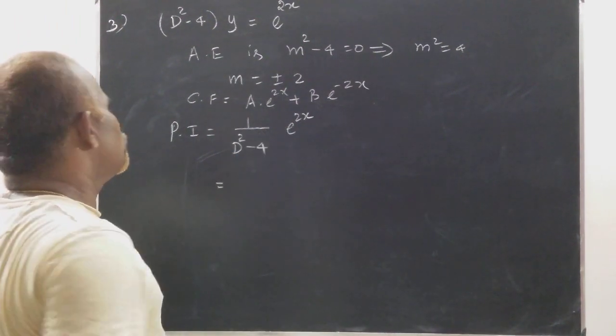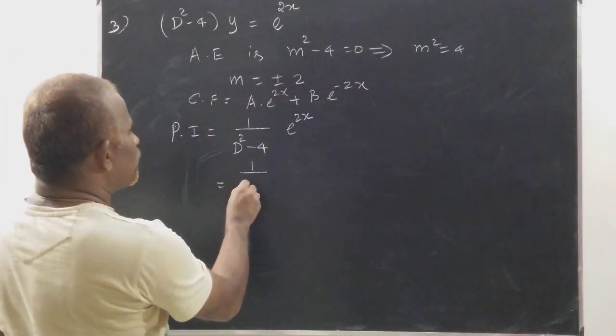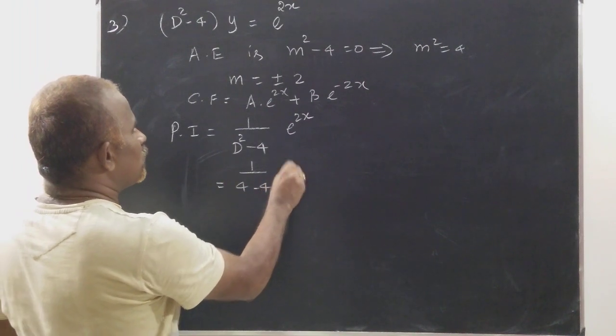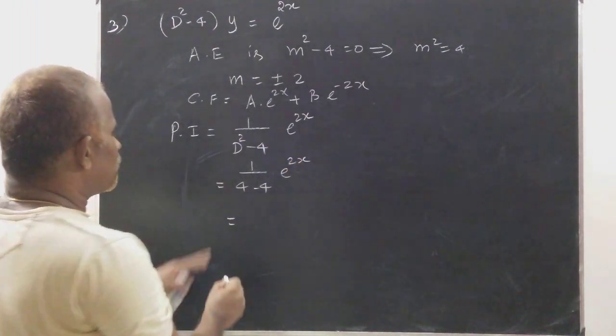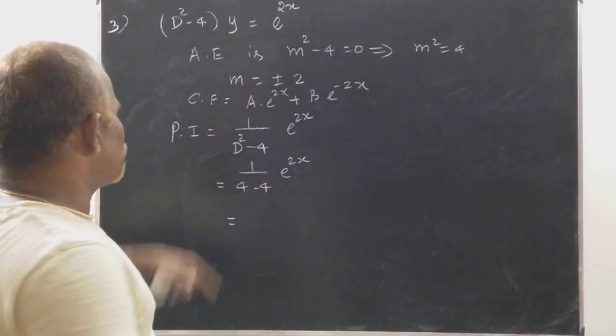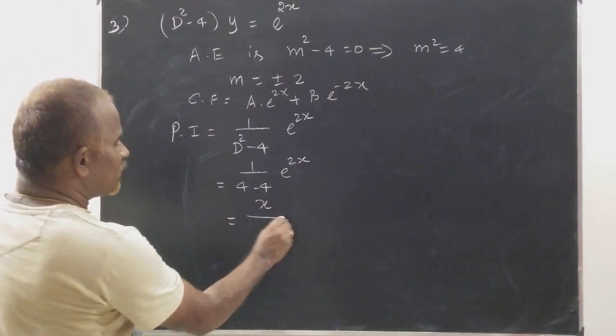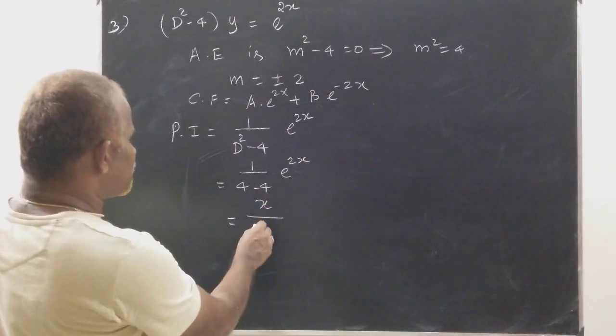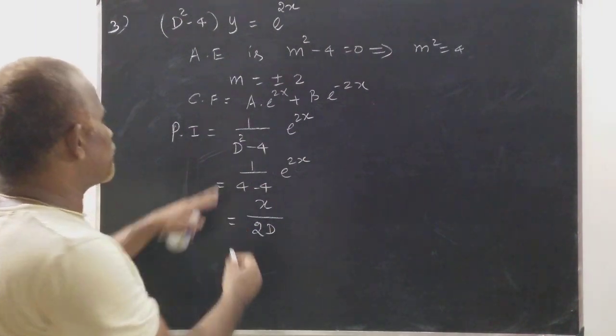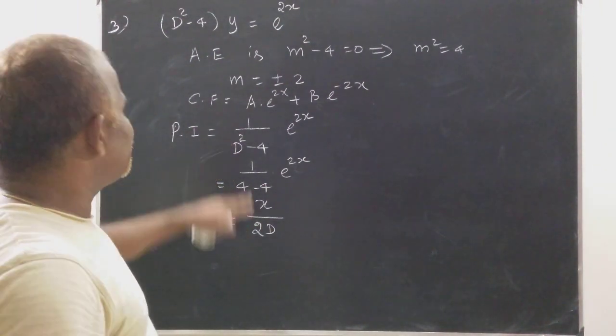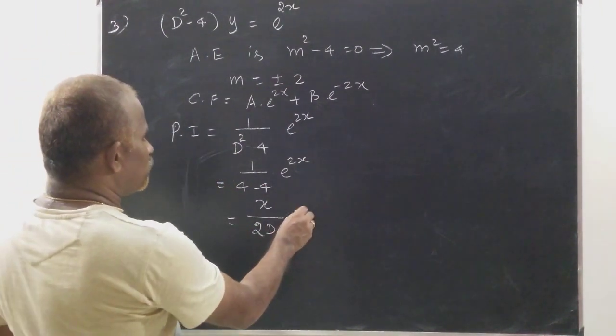Replace d by 2: 1 by 4 minus 4 equals 0, so the denominator is 0. Therefore we have to multiply by x and divide by the derivative of the denominator with respect to d, which is 2d, into e power 2x.